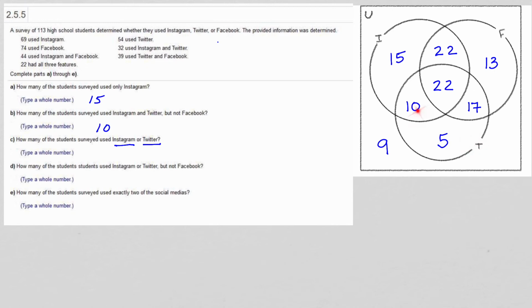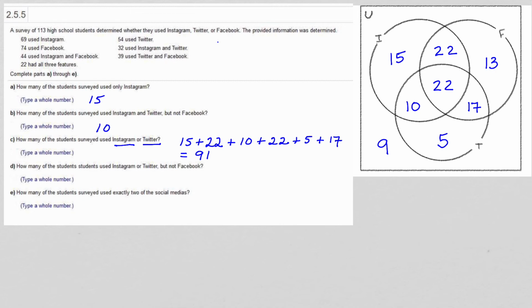I don't want to add the center twice. So I'm just going to take 15 plus 22 plus 10 plus 22 plus 5 plus 17. So if I add those all together, then I get 91. So that's one way to approach that problem.